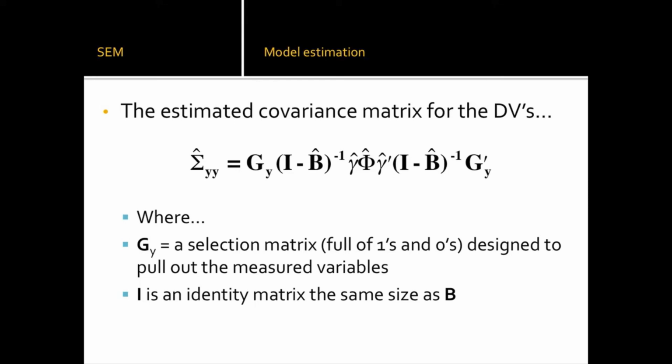So you've got the beta matrix on either side. It's a subtracted beta matrix, where that I matrix is an identity matrix. What is an identity matrix, you ask? It is one with ones down the diagonal and zeros everywhere else. So we're basically doing 1 minus beta, but in matrix form. Each time you see that 1 minus beta, it's inversed, and there's a -1 in the exponent there.